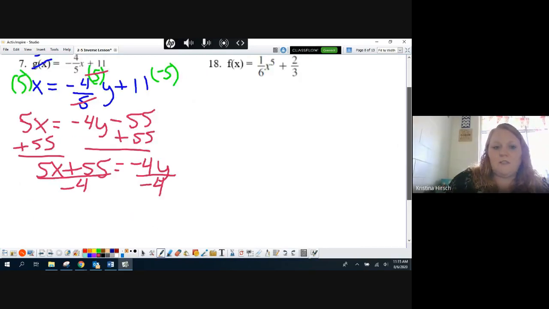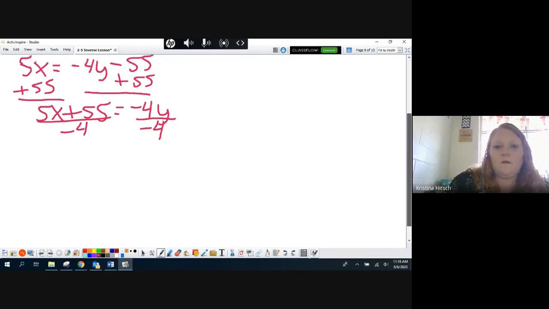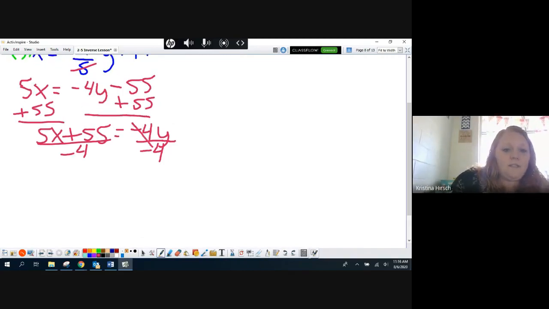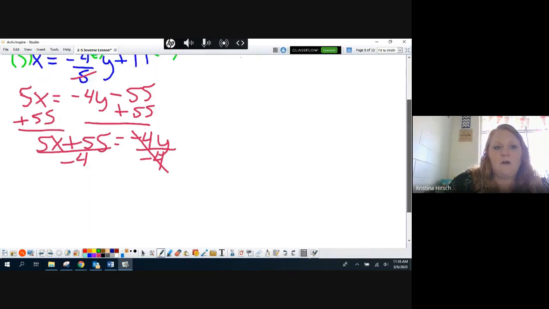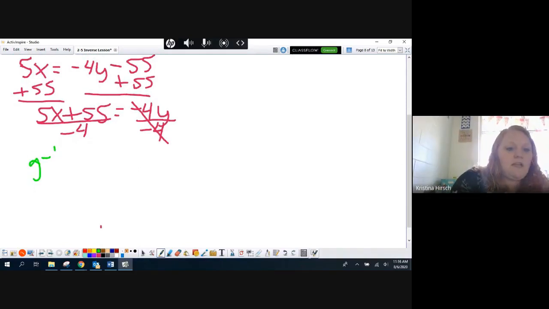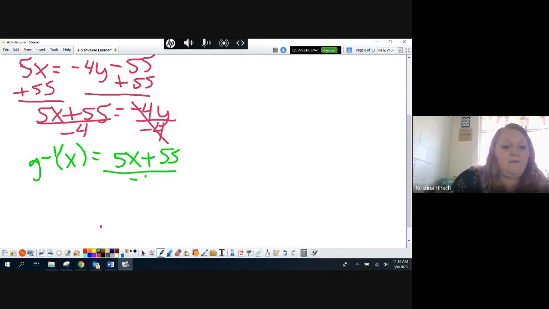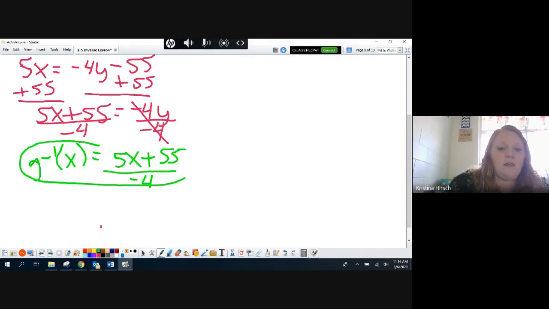Give myself a little more space. And so this cancels. I'm going to go ahead and write it in inverse notation. This was a g. So that would be g to the -1 of x equals 5x plus 55 over -4. You could play around with your signs there to make that a +4 in the denominator. That's typically going to be ideal, but this would be acceptable.